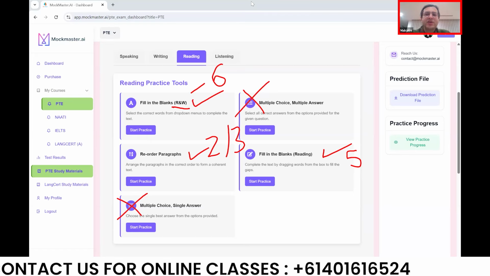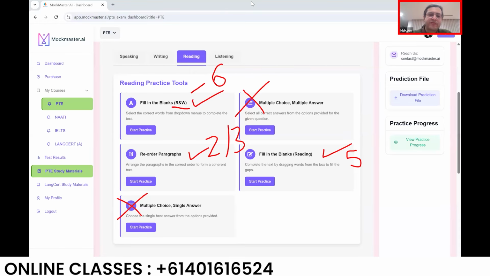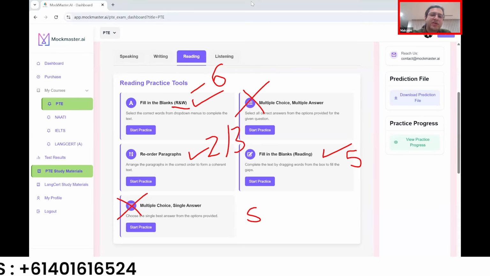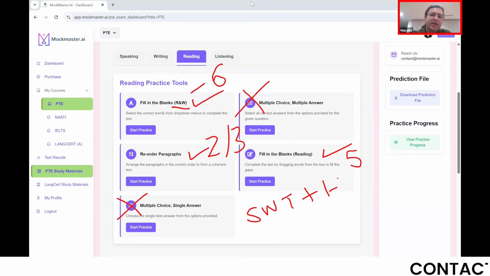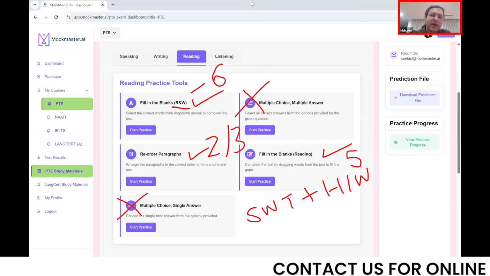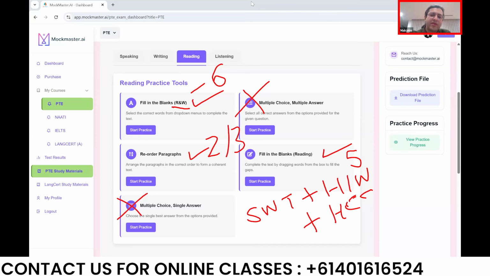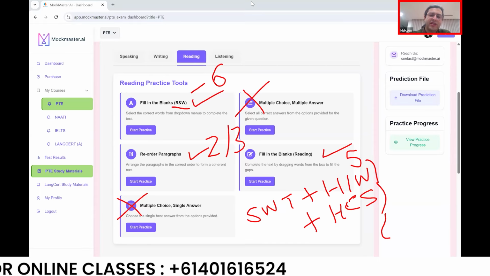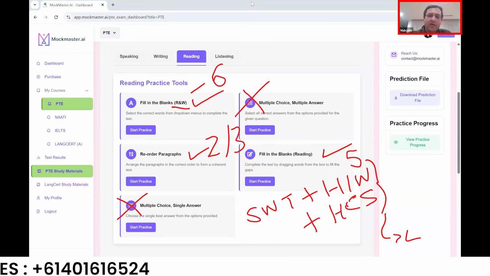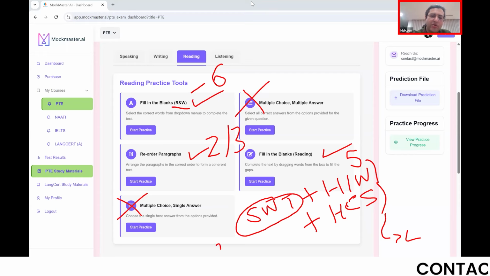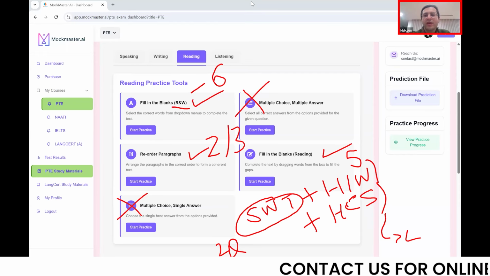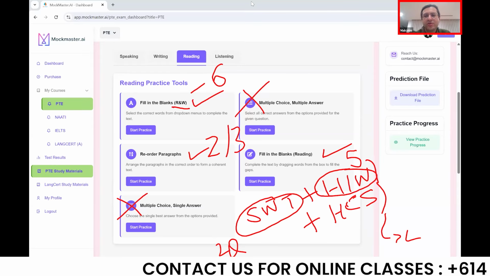So the remaining points in reading, where will they come from? They'll come from obviously summarize written text and highlight incorrect words, and highlight correct summary. These 2 tasks are obviously in listening. Summarize written text is now very important because you get 2 questions, and highlight incorrect words is also important.